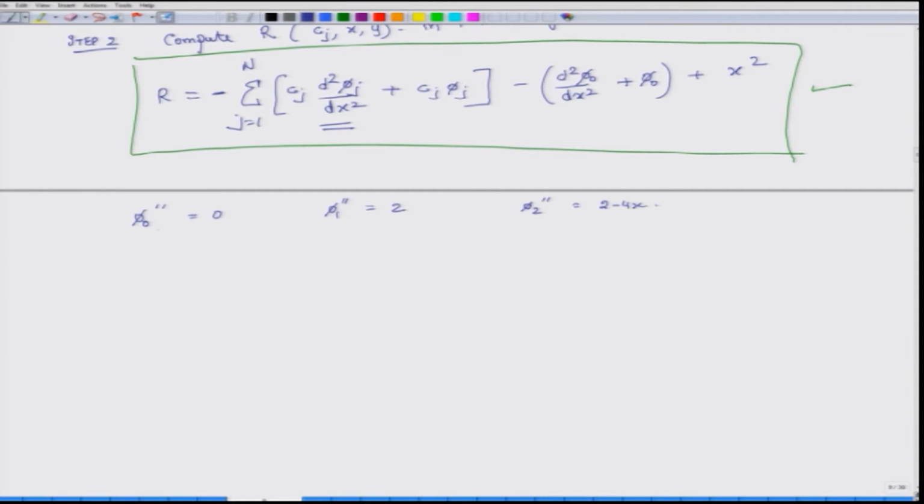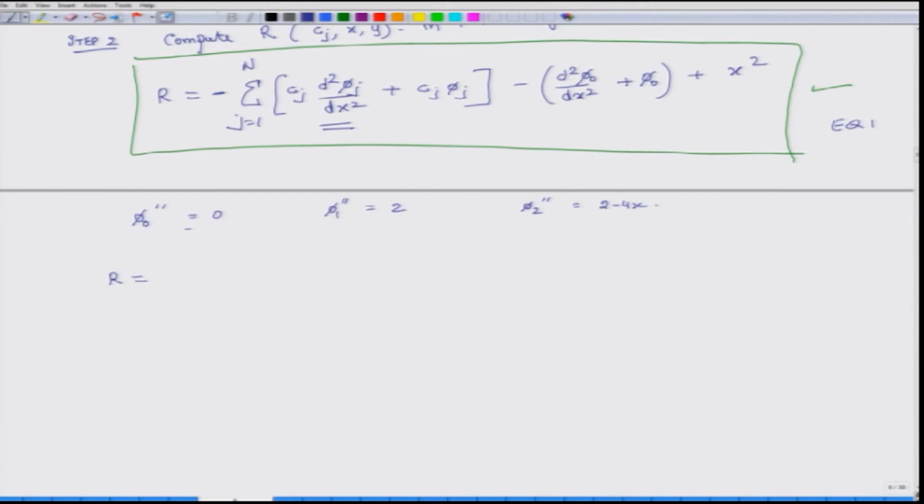So, I can again plug these things back in my expression for R, and I do all the math. Let us call this equation 1.